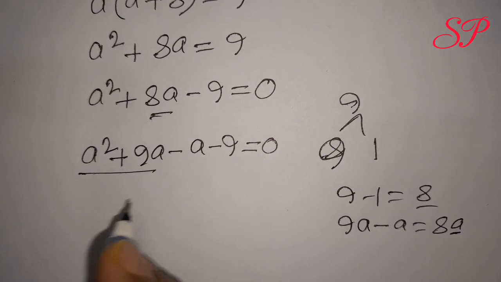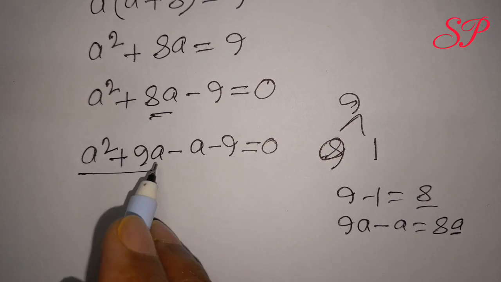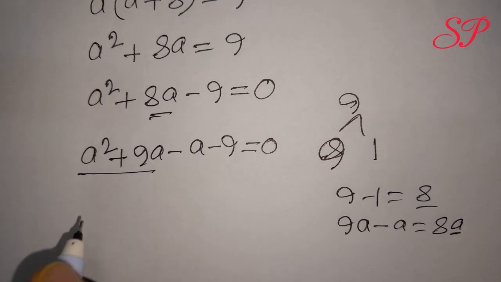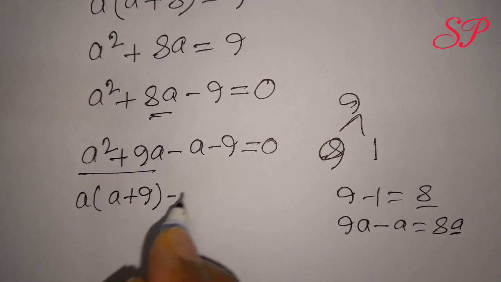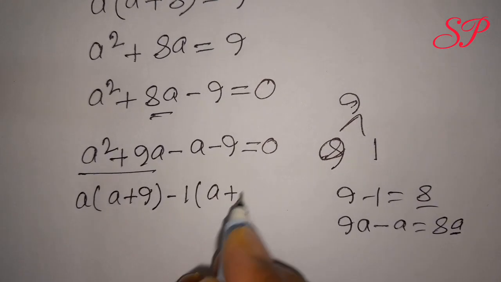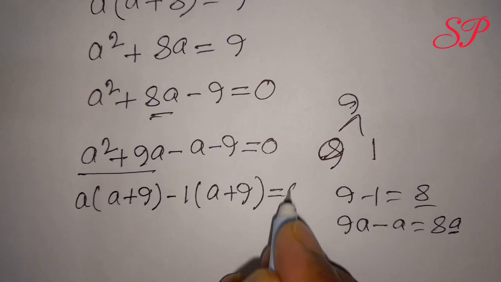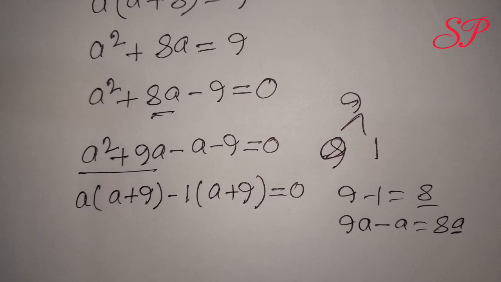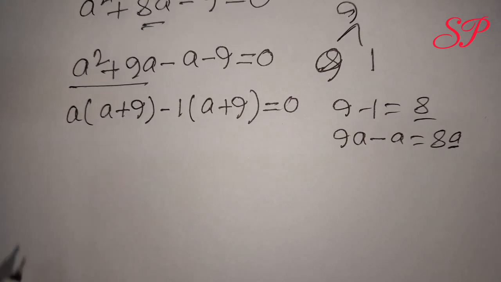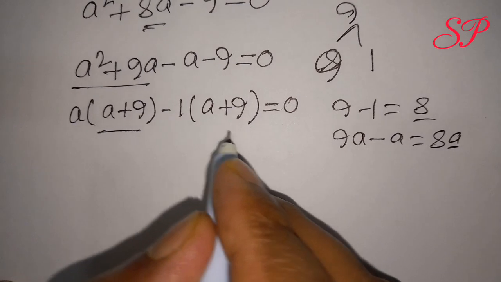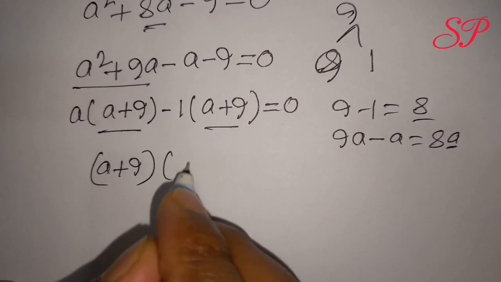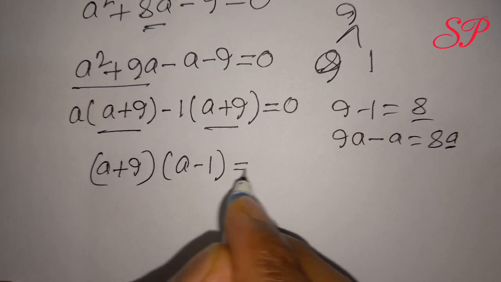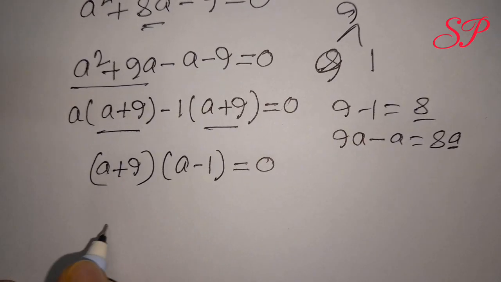Here, from a square plus 9a, a is common, so a times (a plus 9) minus 1 times (a plus 9) is equal to 0. Here a plus 9 is common, so (a plus 9) times (a minus 1) is equal to 0.